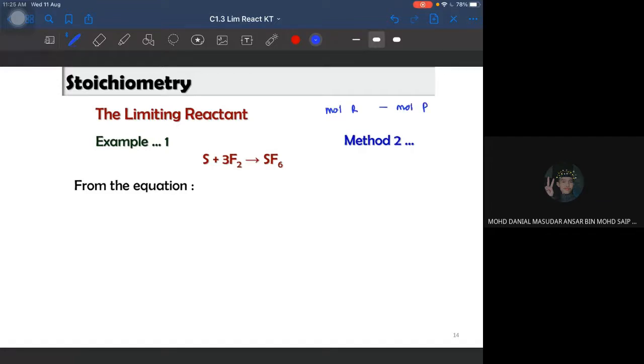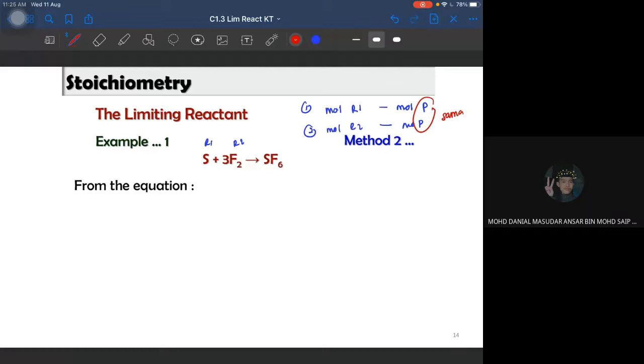Okay, so kita kena compare dua kali. Pertama, mole reactant pertama. Okay, and then the second one kita compare mole reactant kedua. Okay, mesti dengan mole product.